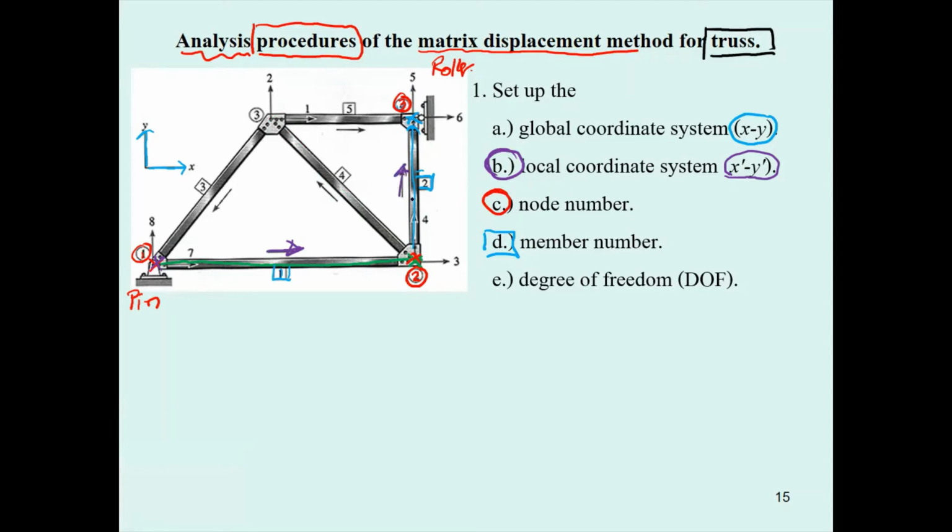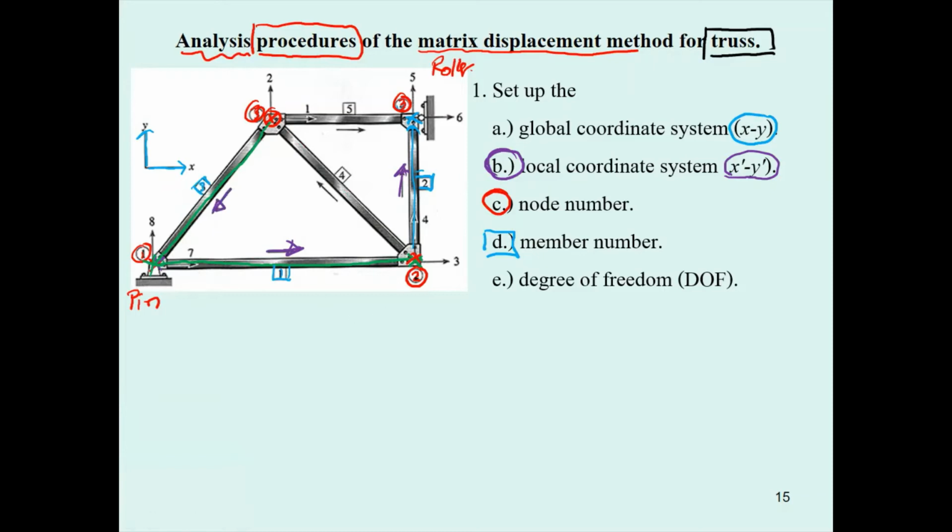Then you mark this one for node number 3, and you drag the line across. This is going to be this one, release. That's going to be member number 3 with the local coordinate in this direction. The computer will generate everything.